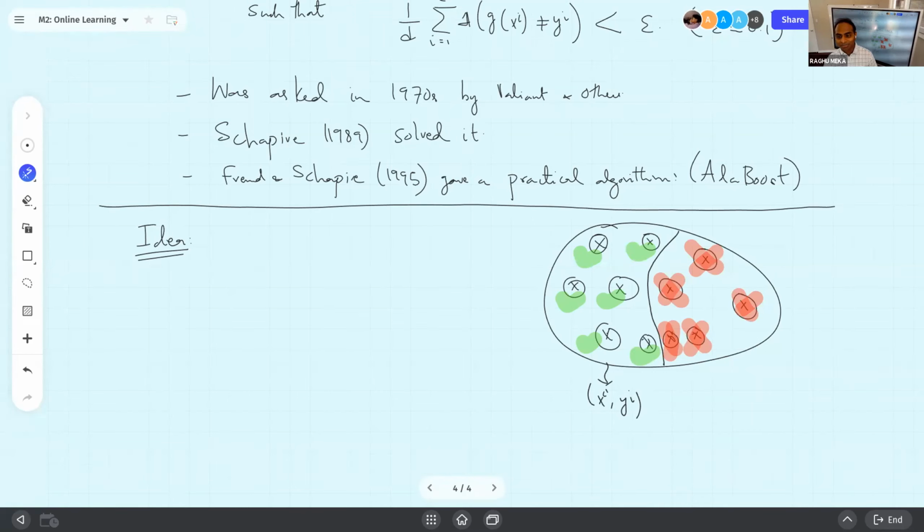You look at your midterm, wherever you got mistakes, you try to study that portion more and then keep revising it, right? So that's exactly what we are going to do. So the idea is to start with the distribution. We are going to pick distributions to query the weak learner on.